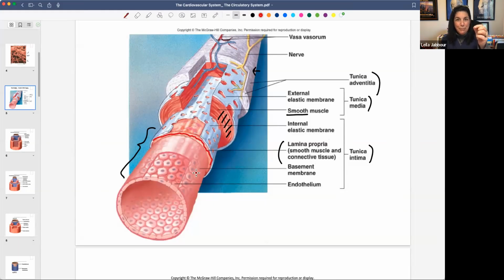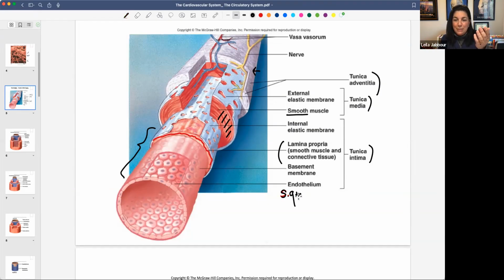Then you have the basement membrane, a very, very thin layer of bonding molecules. These are molecules, not cells, secreted by the cells above and the cells below, and they create this kind of bonding layer between the other two tissues on both sides. On the innermost side, there is finally the endothelium, which is the simple squamous epithelium of blood vessels.